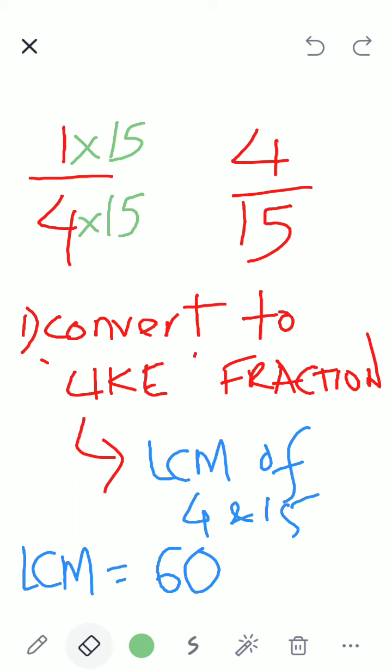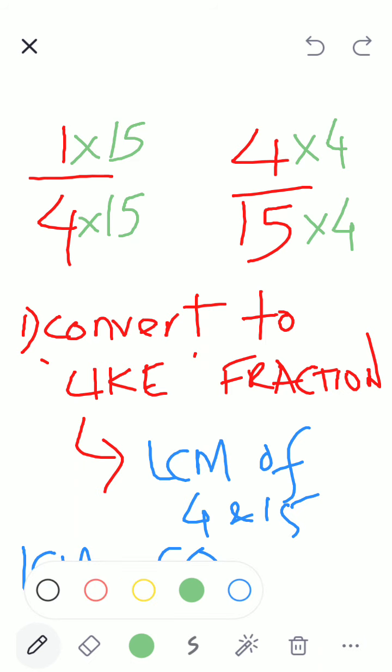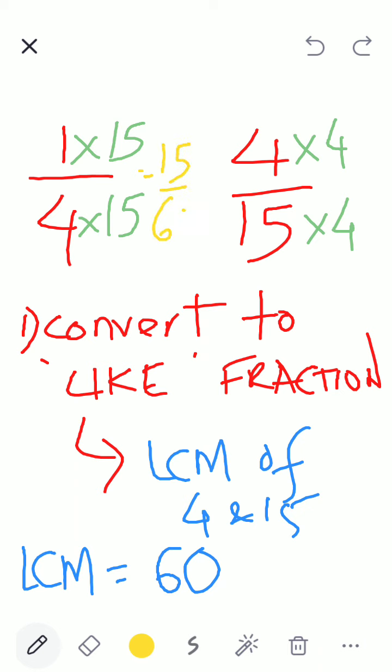4 multiplied by 15, I did for the first fraction. So 15 multiplied by 4 is the same, LCM 60. So 4 multiplied by 4, numerator also. Then I will get 15 by 60 and 16 by 60.